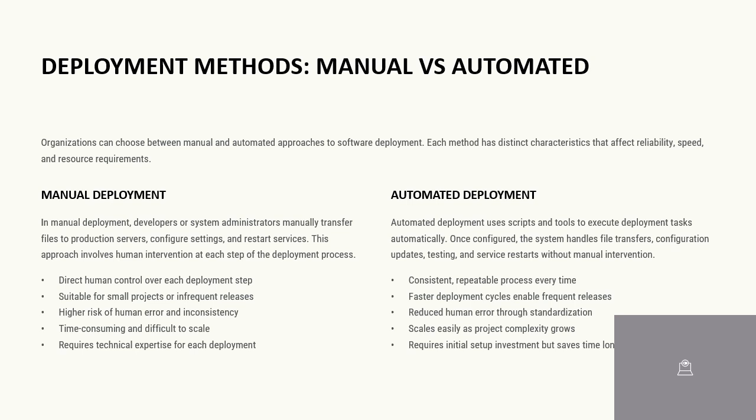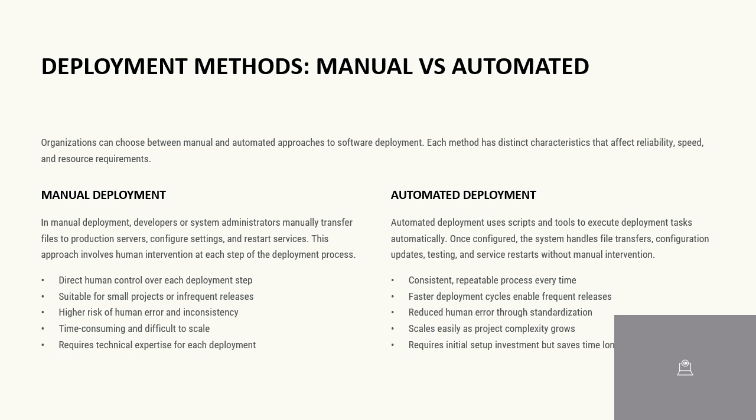You have to go through these points, like what makes a difference when we use a manual one and when we use an automated one. It is there in the slide. Anyway, I'll be sending you the notes so you can relate to what I said. A quick run-through: direct human control is there in the manual.